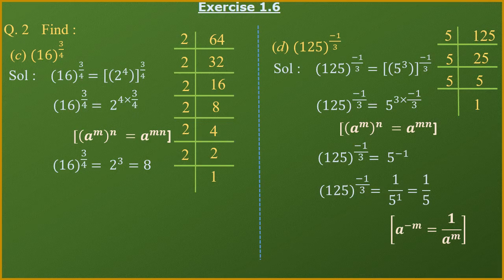Now let us see the third question. Now we have to simplify the given two terms, 2 to the power 2 by 3 multiplied with 2 to the power 1 by 5. Here you observe a single term is not given to us, two terms are given in the form of multiplication. But both the terms have one common thing, their bases are same.